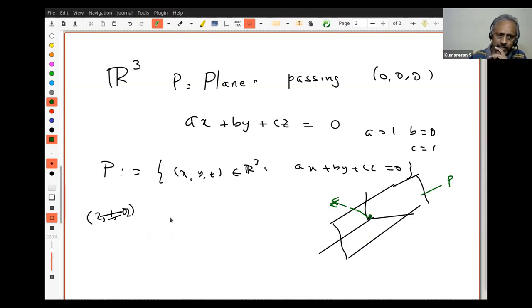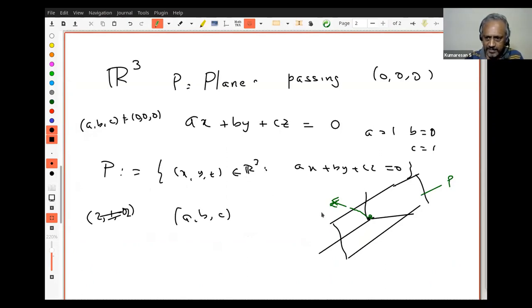Right? Now, what is the relation of a, b, c to the plane? Notice that since we want it to be a plane, we are assuming at least one of the coordinates a, b, c is not 0. Because if all are 0, then this will be all of R2. You don't want to call it a plane then. Sorry, it will be all of R3. Do you follow me?